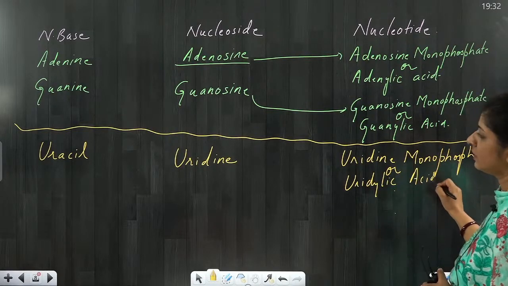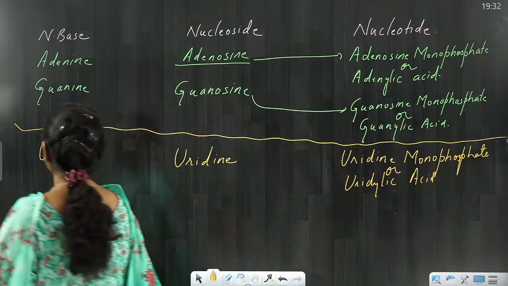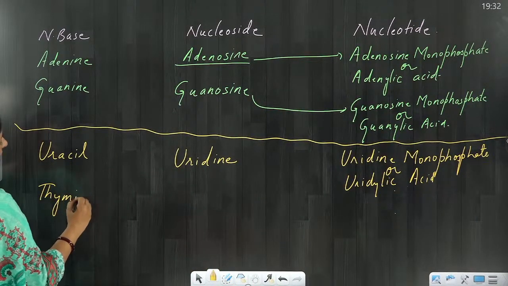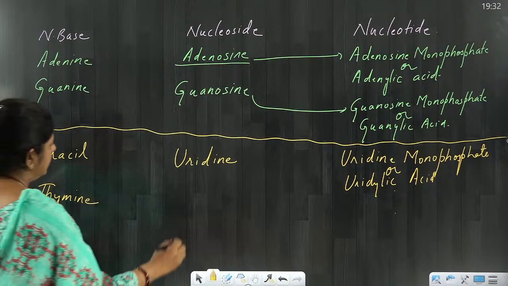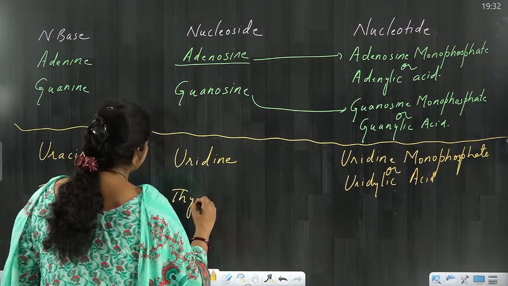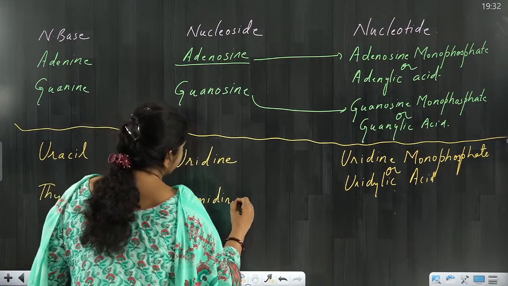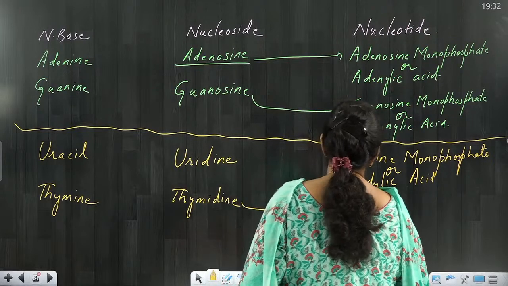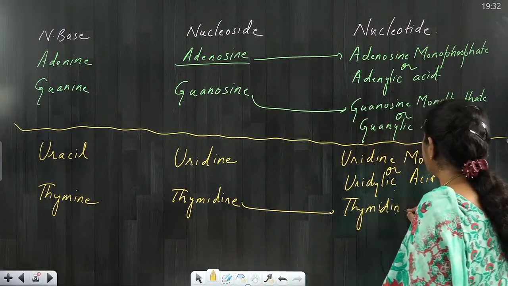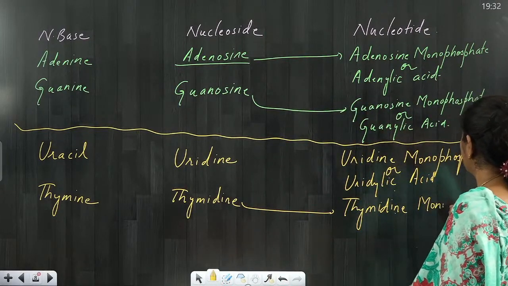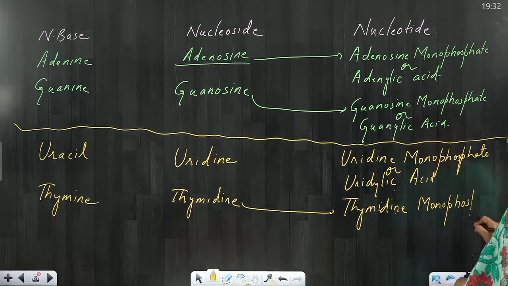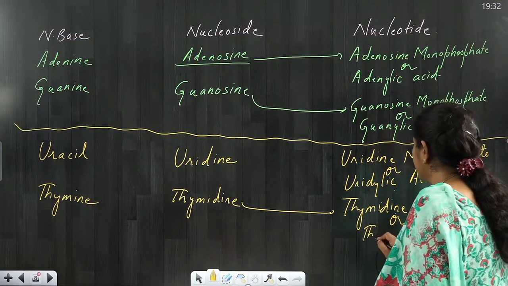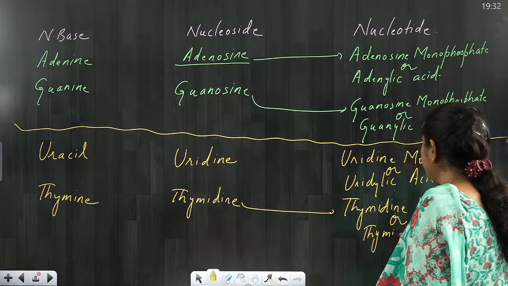Fine. Now what is the other nitrogen base which is a pyrimidine? Thymine, which is in DNA, not in RNA. It will be thymidine, and what do you call its nucleotide? Thymidine monophosphate, or even you can call it thymidylic acid.